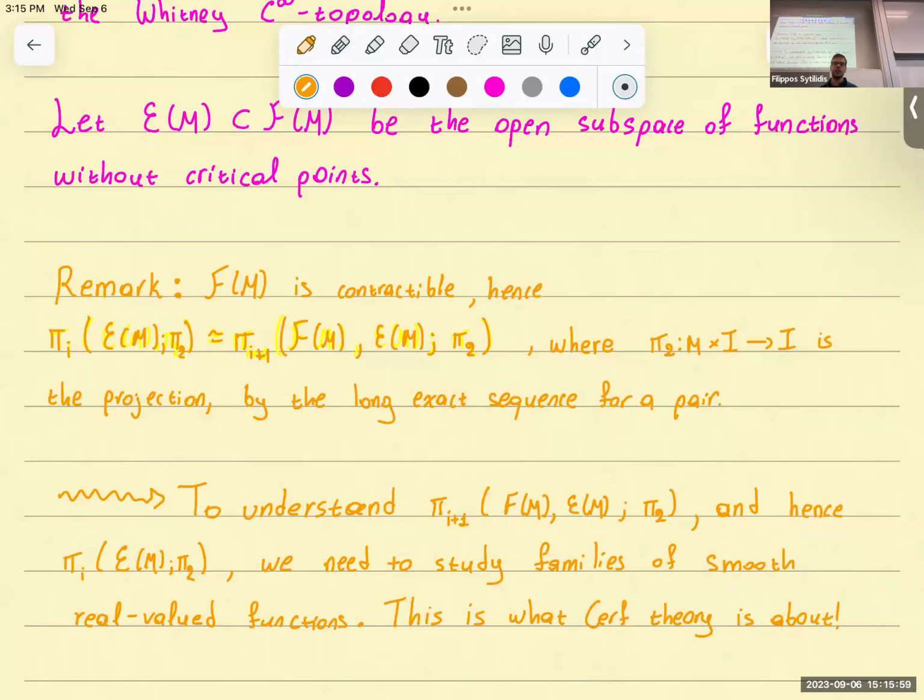Now I'm having a much more relaxed condition: a loop would be trivial if it can be homotoped to something that lives entirely inside. So it's like pushing down.